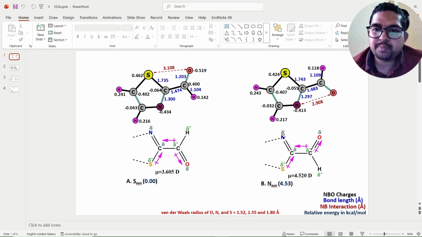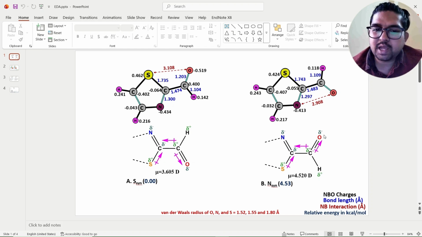The nitrogen has a partial negative charge. Sulfur has a positive charge. This carbon has a negative charge, and this carbon has a positive charge. This oxygen has a negative charge, and this hydrogen has a positive charge.